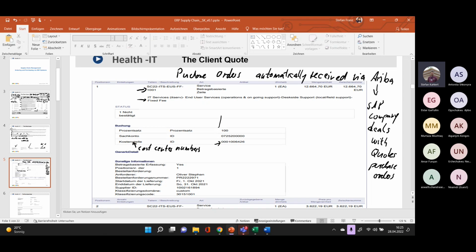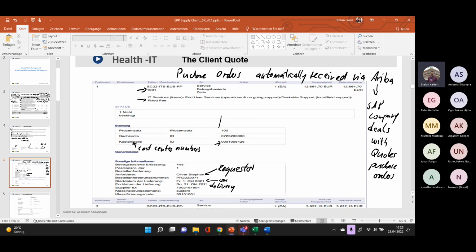We also see who requested this. Who's the requester, which is this guy here in this case. You see here when the order was required and when the expected delivery is.